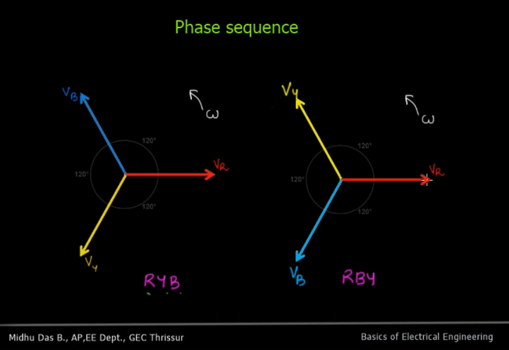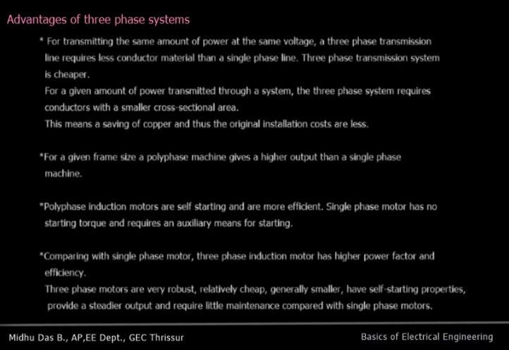That is, if we are taking VR as a reference, then B phase will be lagging behind VR by 120 degree and Vy will be lagging behind VR by another 240 degree, or the phase sequence will change to RBY. Okay, so if you want to change the phase sequence, the only thing that you have to do is change the direction of rotation of the coils which are placed under the magnetic field.